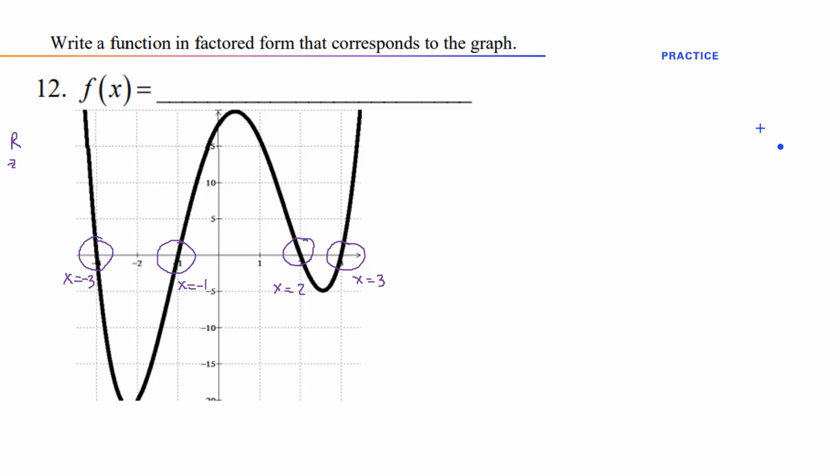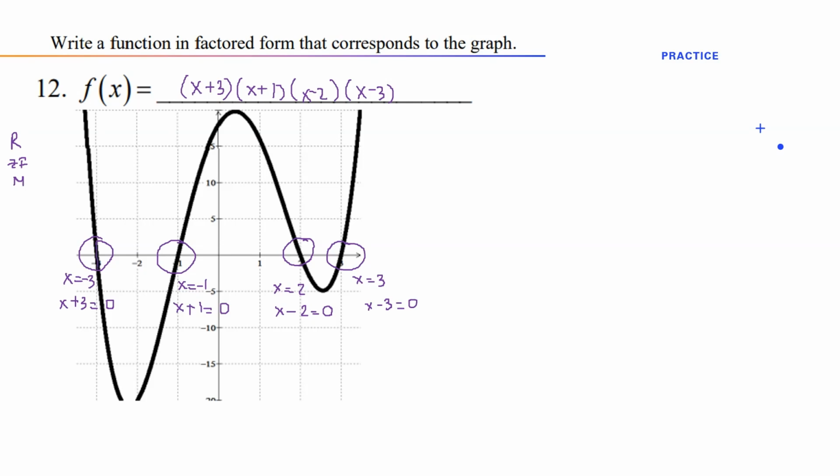Now zero factors: x plus 3 for the first one, next one x plus 1, we have x minus 2, x minus 3. Now we find the multiplicity.